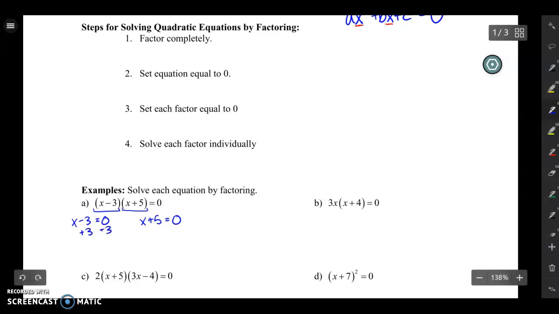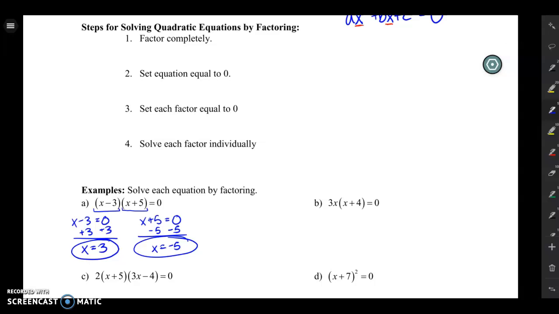So I'll add 3 to both sides. Then I get x equals 3. So that's one of my answers, x equals 3. And then I'm going to subtract 5 over here to get x equals negative 5. And that's my other answer. So my answers are x equals 3 and x equals negative 5. Okay? And you're going to do the same thing with all of these.